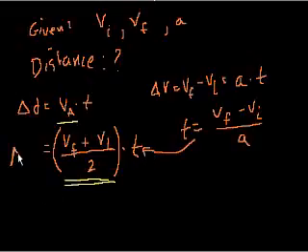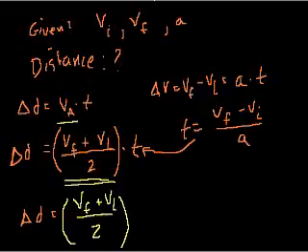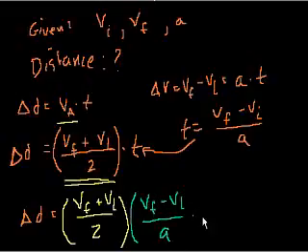And remember, this is all change in distance. So change in distance is equal to this term, Vf plus Vi over 2, times this term, Vf minus Vi over a.